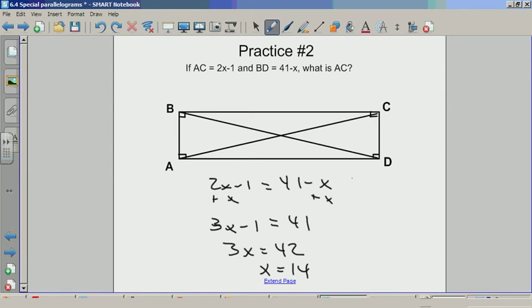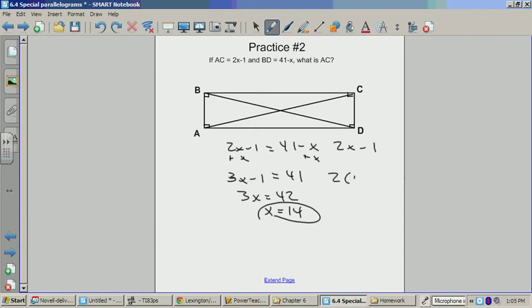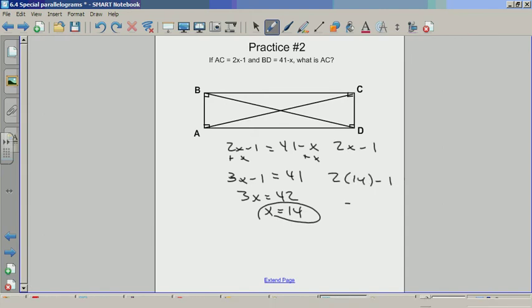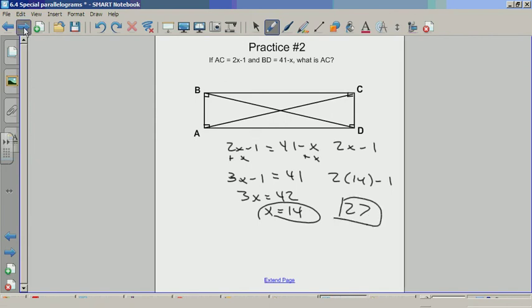They asked me what is AC. Well, AC is equal to 2x minus 1. I know that x is equal to 14, so I get 2 times 14 minus 1. 28 minus 1 is 27. AC is 27.